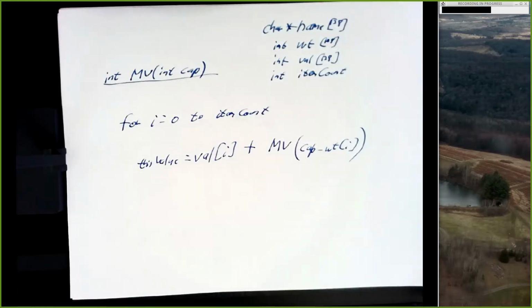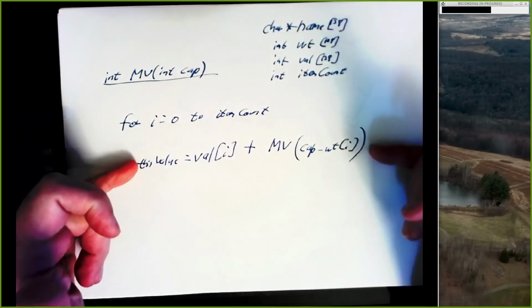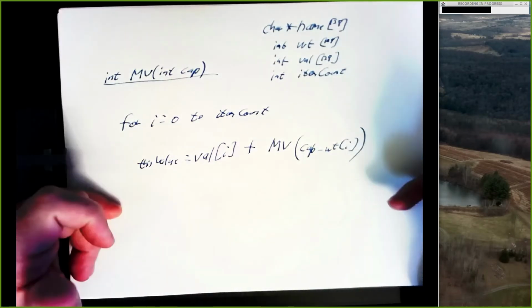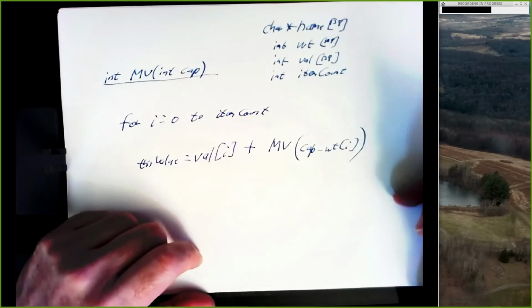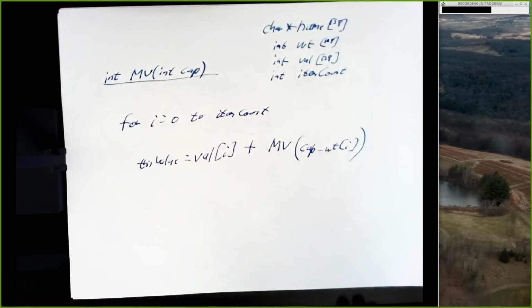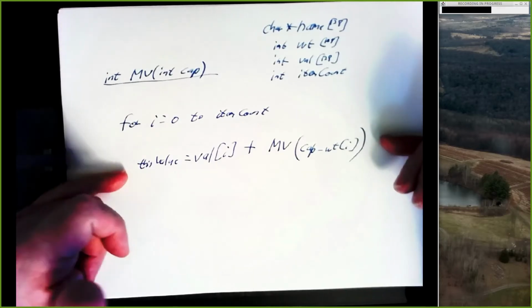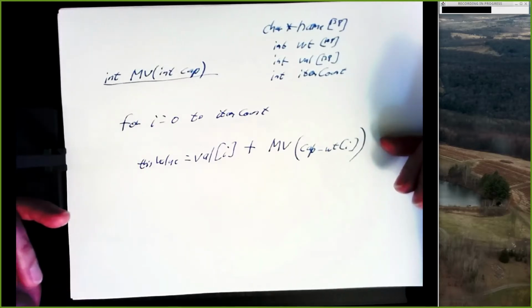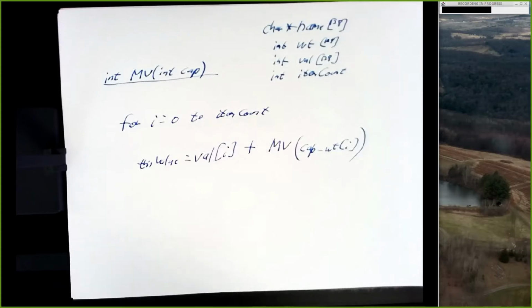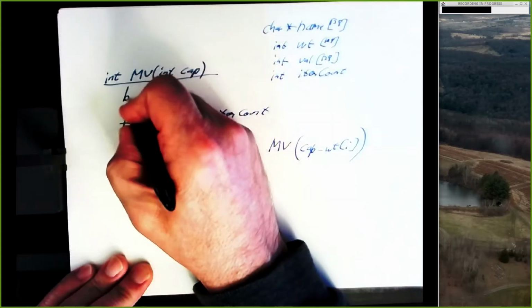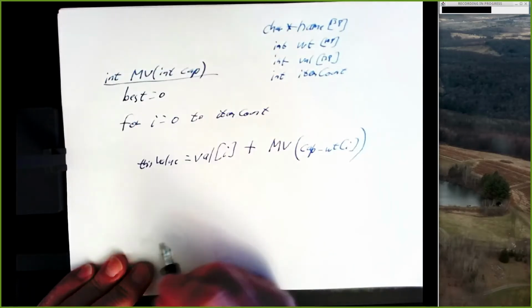We don't know which item we should put in. If we put in item 0, we'll find some value. If we put in item 1, we'll find some different value. Item 2, we'll find some different value. We want the biggest possible value, so we want the largest of these calculations. That's what we want to return from this function. So we're going to do something like best value equals 0.